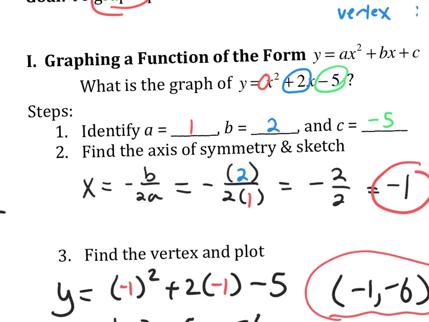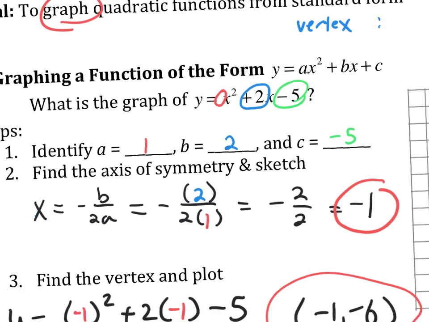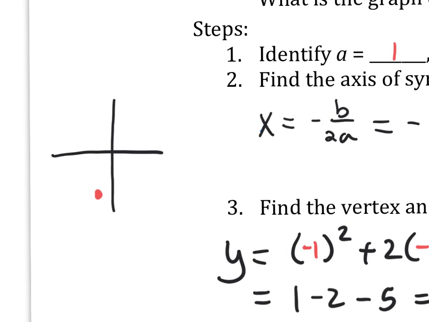Next, I know because of the a being positive 1, that this is going to open up. And it's going to have the standard pattern of slope change. So remember, when I say slope, I mean that in quotes, slope.